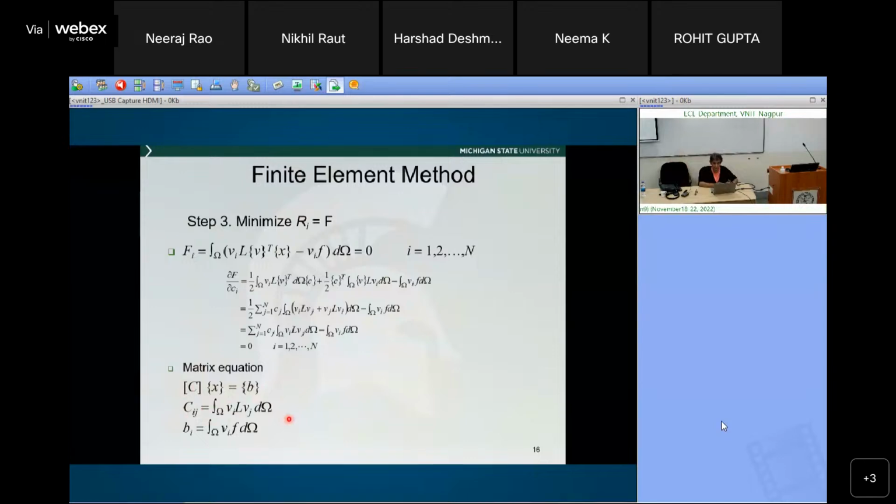For each element, it depends on the elements that particular node is connected to, because these are the unknowns, x is defined at every node in your finite element mesh. Every node is connected to multiple elements, so you integrate over how all those elements contribute to that particular node. So that's a standard thing.